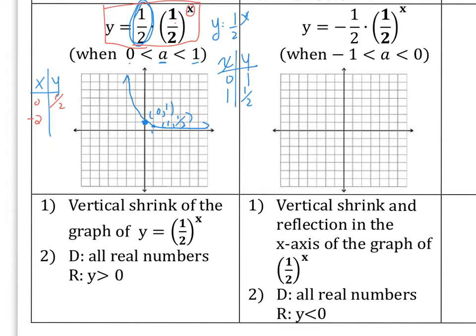And 4 divided by 2 is 2. So let me work that out to show you what I just did. Okay, so we can go ahead and plot these points. (0, half), and (negative 2, 2).